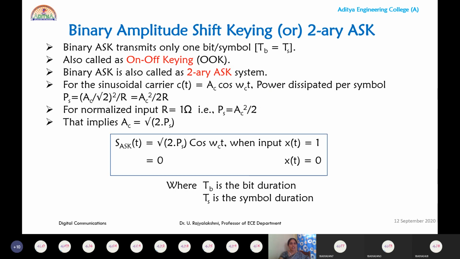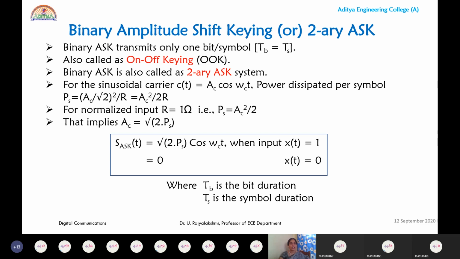In the last class we discussed that the ASK technique is also called the on-off keying technique. Because it is binary ASK, only one bit is transmitted per symbol. That's why Tb equals Ts, because bit duration is equal to symbol duration.